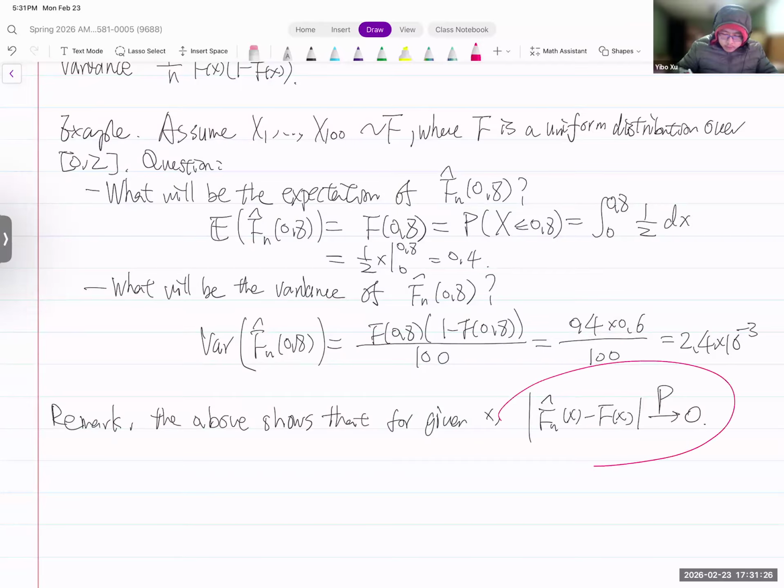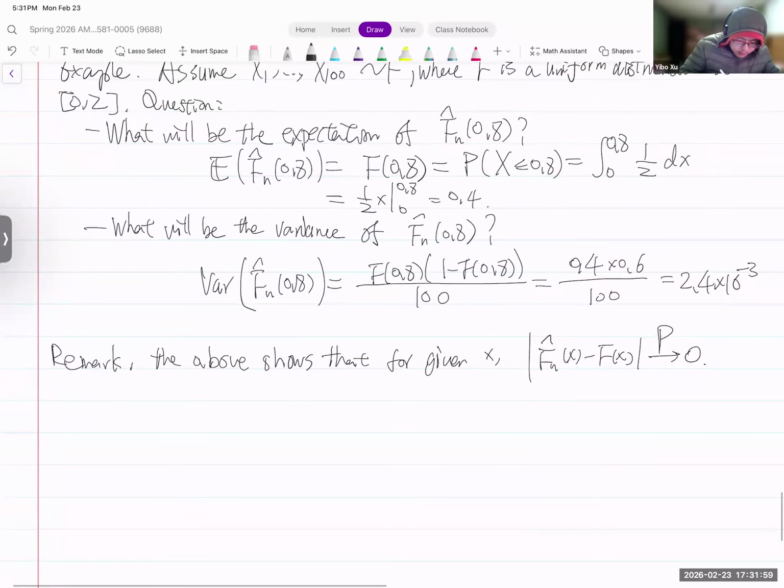Remember, for each x, this sequence actually converges. With some additional assumptions, this convergence can be uniform. Here, let's be very careful. In calculus or in real analysis, when you think about pointwise convergence, you cannot really guarantee what's called uniform convergence. But uniform convergence is much stronger, and also much more useful.